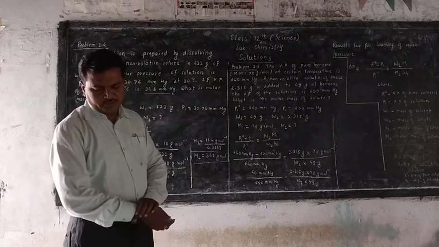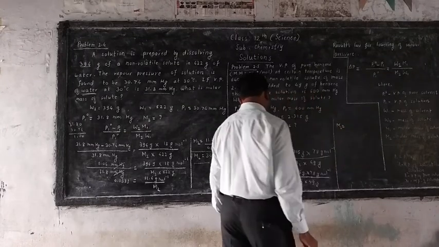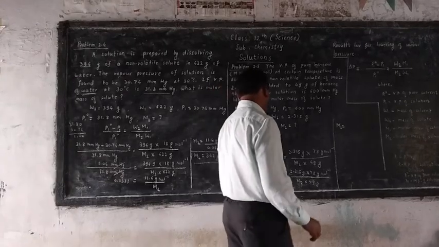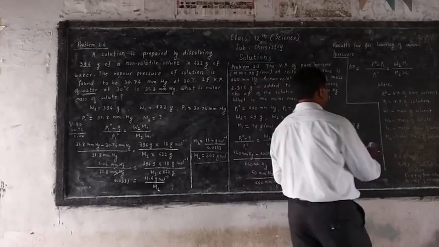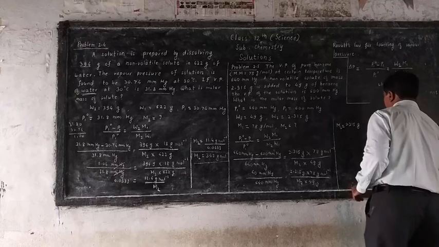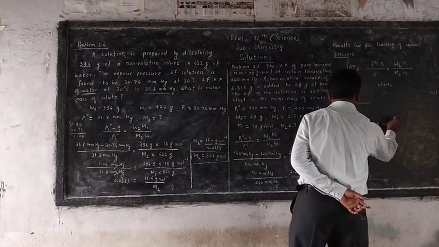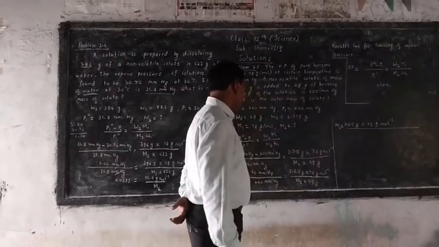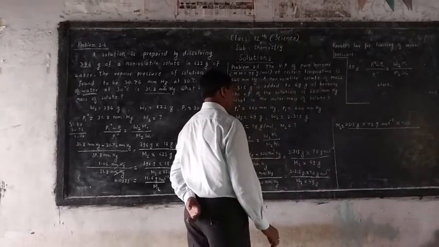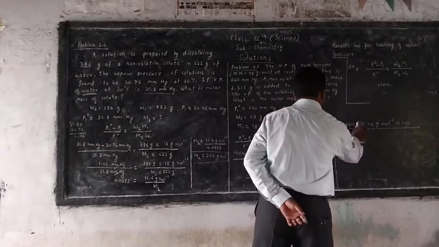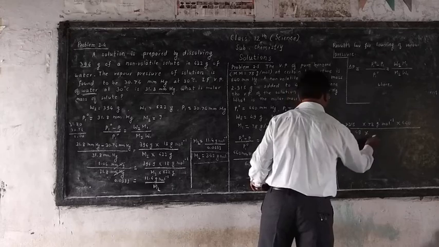Directly we will get M2 like this: M2 is equal to 2.315 gram into 78 gram per mole, by cross multiplication, 640, upon 49 into 40.